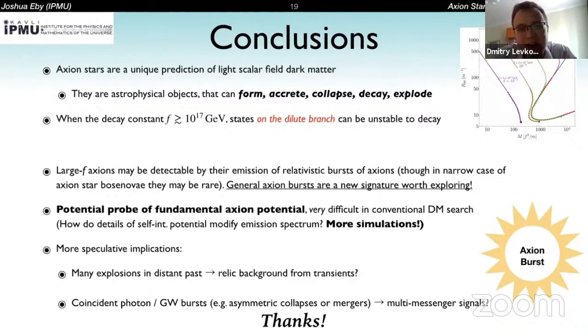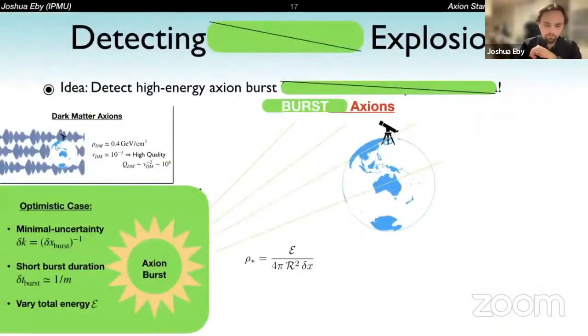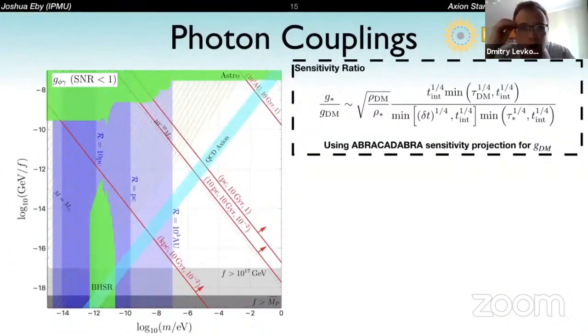A comment about the burst into the photons and burst into the axions. Actually, there are two lines. Number one is roughly 30 times larger than the KSVZ coupling. If the coupling to photons is above this line, then the collapse starts, the star shrinks, and then a resonance into photons begins, so it starts to burn axions.